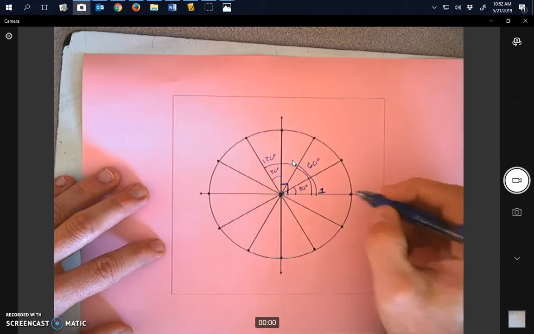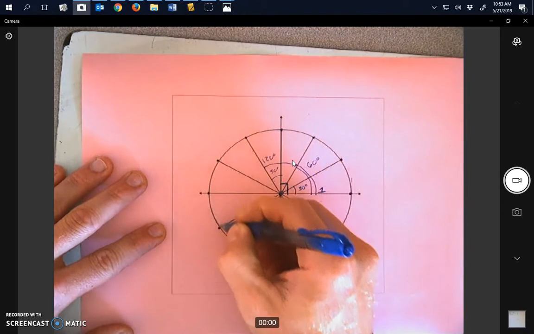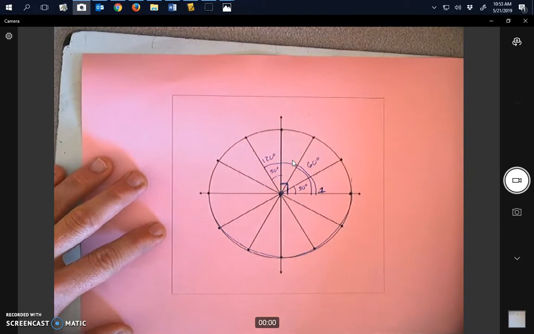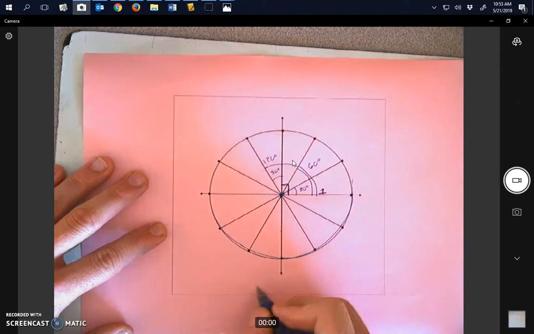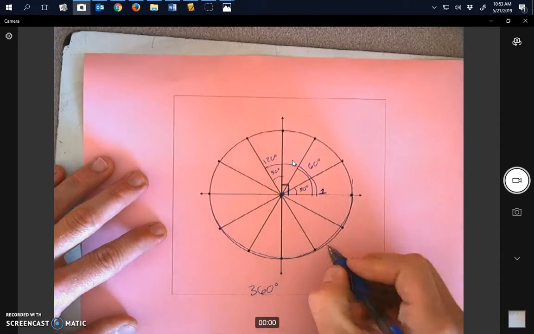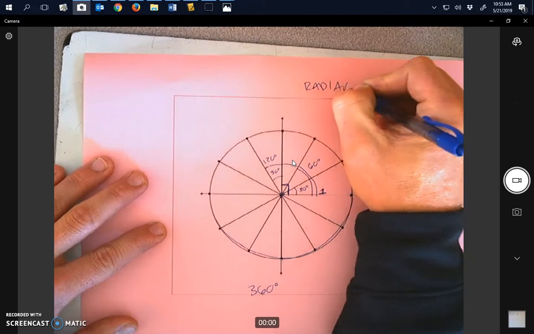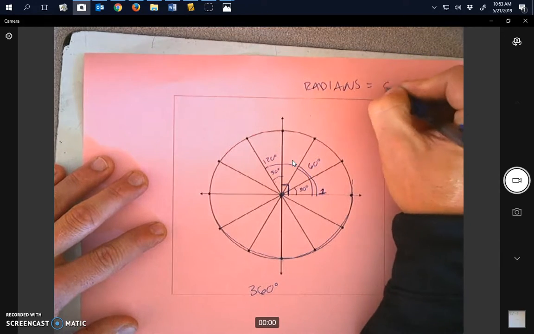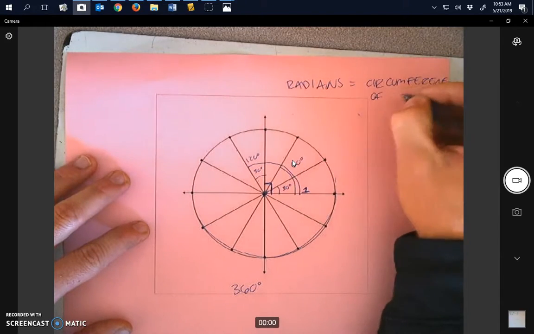Well, what a radian is, it wants to know the distance of the circumference of a unit circle. So if I want to know the radians of my full circle, 360 degrees, radians equals the circumference of the unit circle.